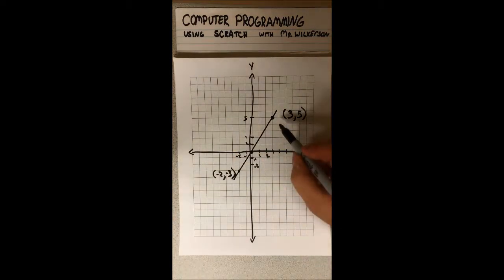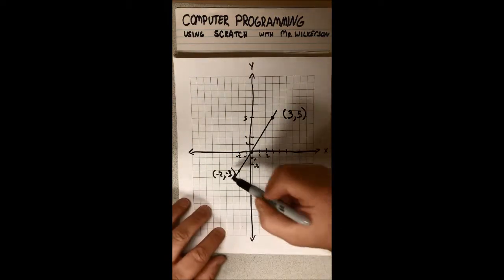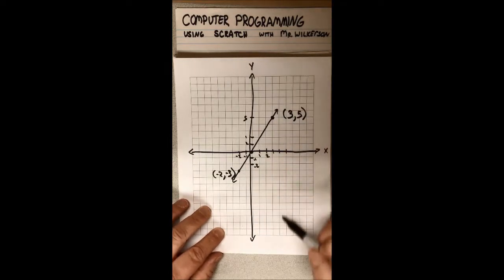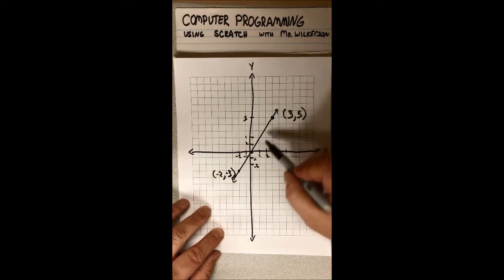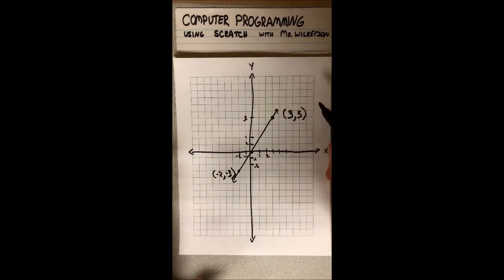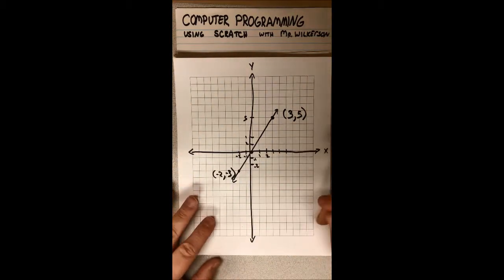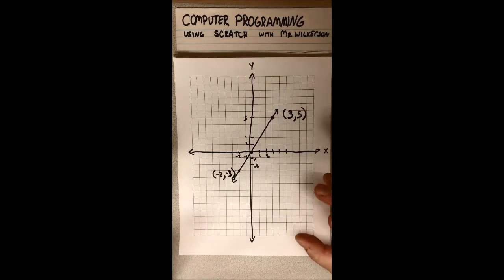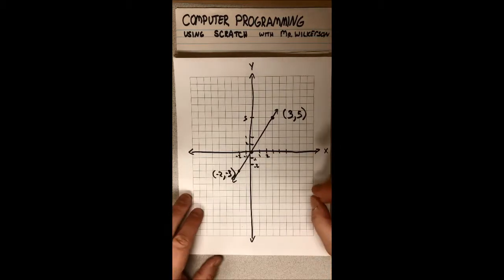So those 2 points define a line in the plane. No other line goes through those 2 points, or any line that does is the same line as this one. So the things that we said we needed to know were the slope.